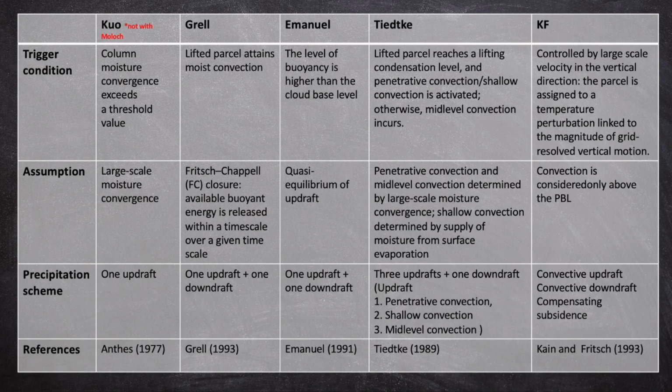And then we have the Kain-Fritsch scheme, in which the convection is controlled by large-scale velocity in the vertical direction, and it also has a convective updraft and downdraft, and also includes the compensating subsidence.